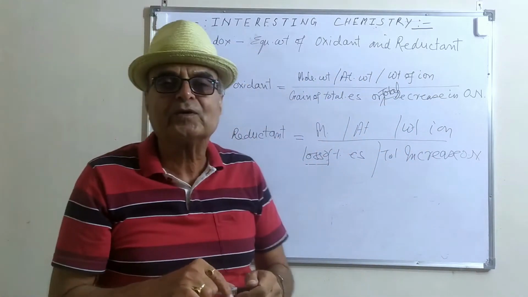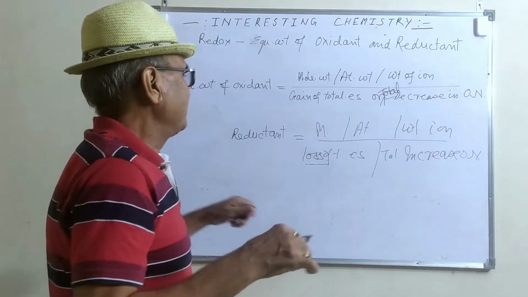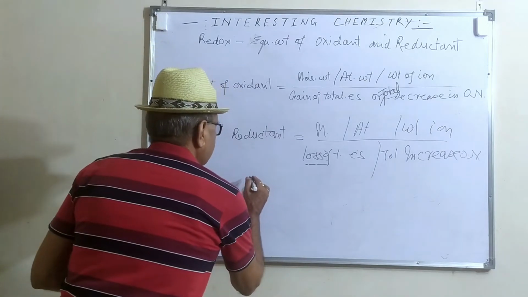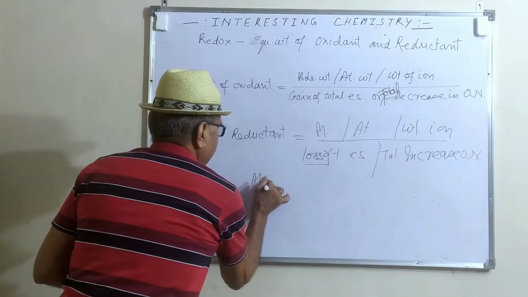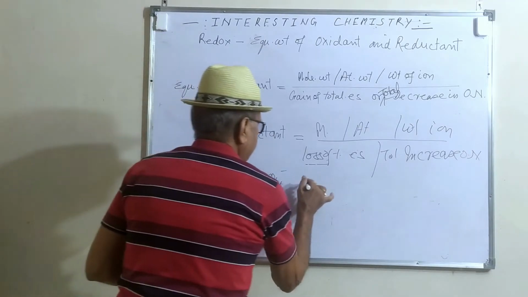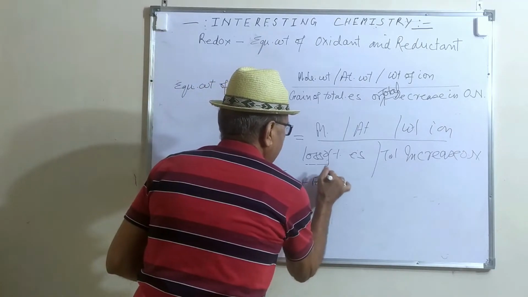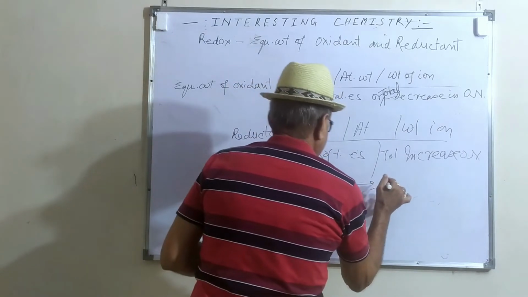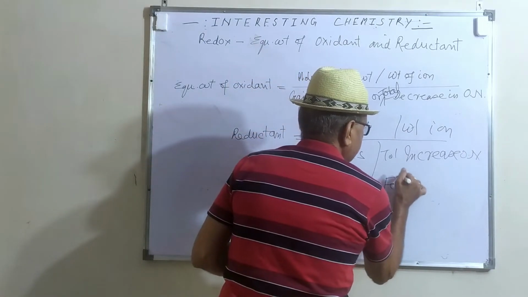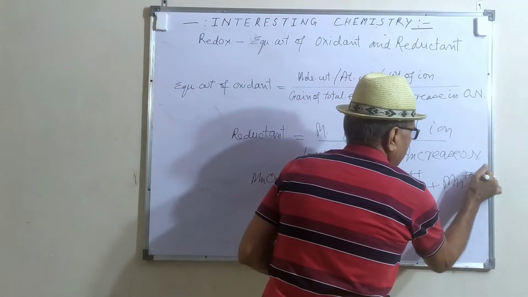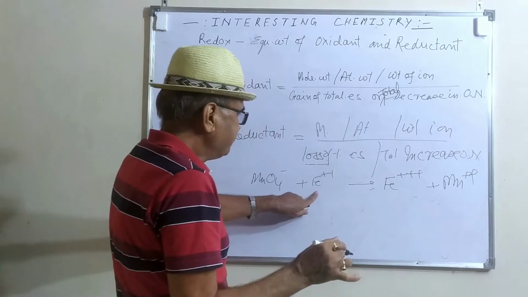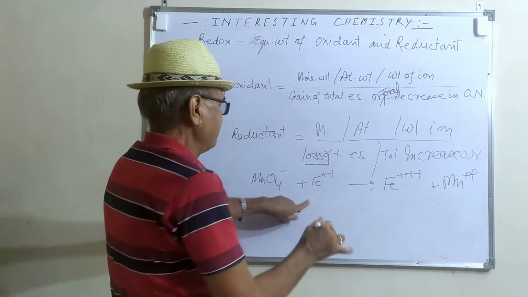So how will you calculate? Take the example: MnO4 negative plus Fe double positive gives Fe triple positive plus Mn double positive. Here Fe gets oxidized.